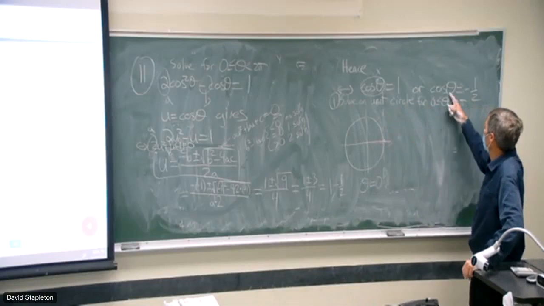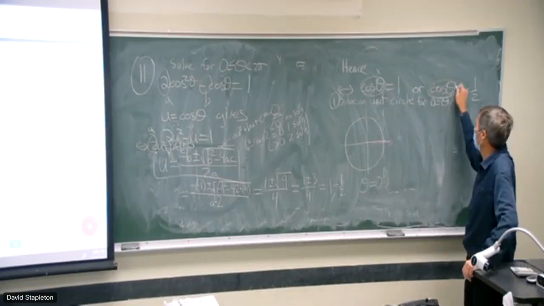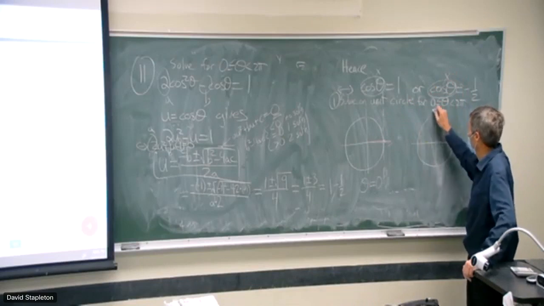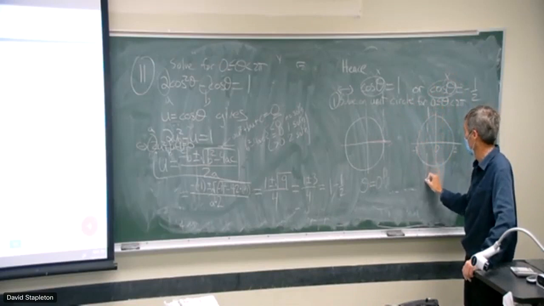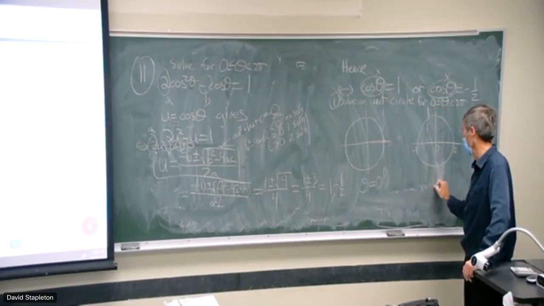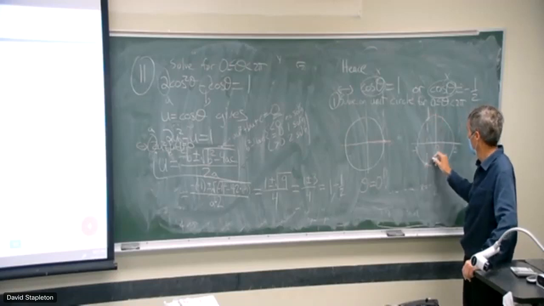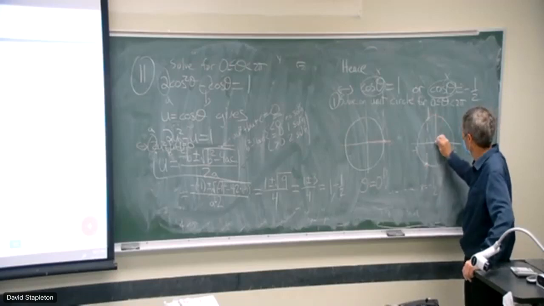And now similar over here, cosine theta equals minus a half. That's x equals minus a half. This one's going to be the vertical line right here, right? Halfway between x equals 0 and x equals minus 1 is the line x equals minus a half. It intersects the unit circle in two places, leaving me two terminal rays, this one here and this one here.